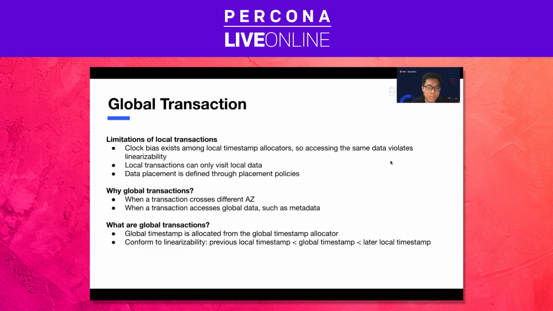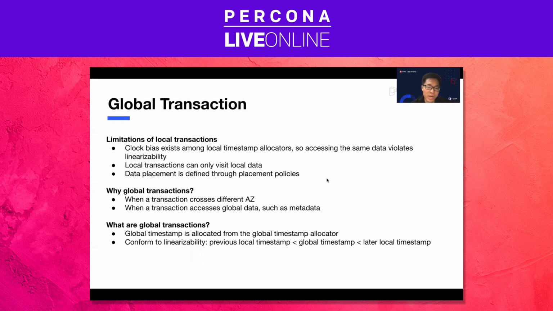Local transactions may look simple to you, but there are some limitations. Firstly, there may be clock bias among timestamp allocators, which means when TiDB nodes from different zones access the same data, it will violate non-reusability. So to conform to non-reusability, local transactions can only visit local data.